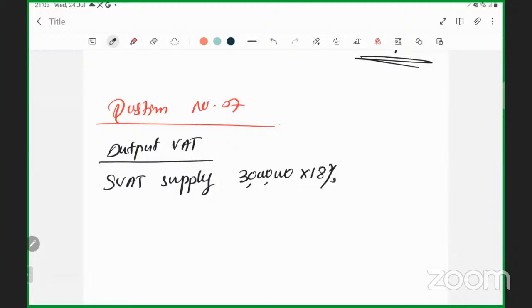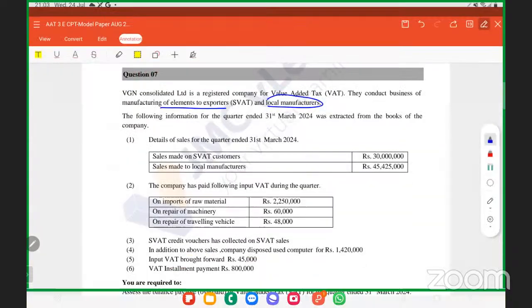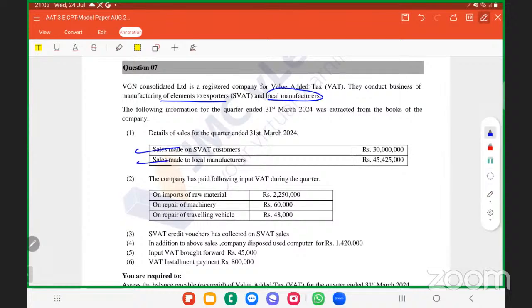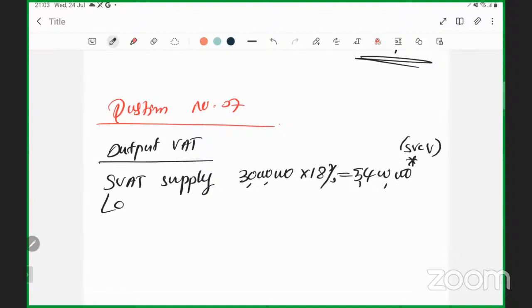But in this case you do not receive the VAT of 5.4 million in cash. Instead, you will receive SEZ credit vouchers.